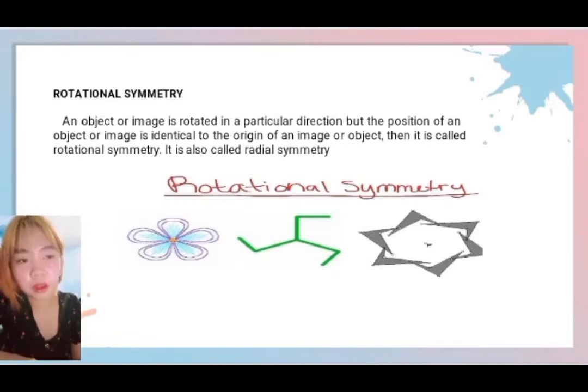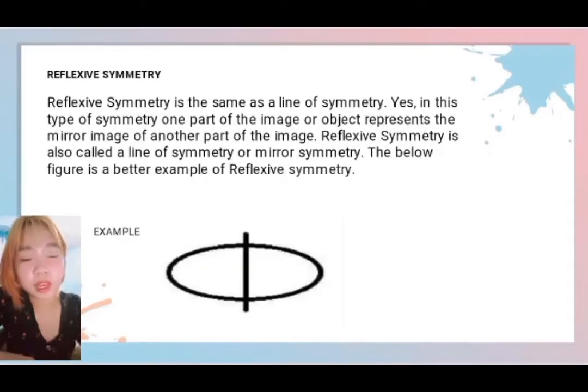And the next one is the reflexive symmetry. Reflexive symmetry is the same as the line symmetry, same as a line of symmetry. In this type of symmetry, one part of the image or object represents the mirror image of another part of the image.